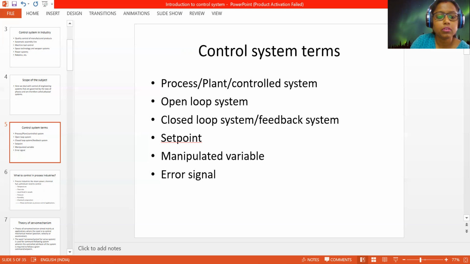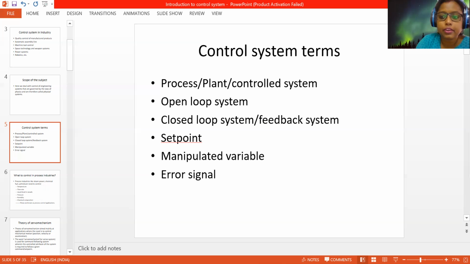This set point, when compared to the measured value directly from the process, has to be given to a block which is known as the controller. The difference between the set point and the measured value is known as error. So this error has to be fed as an input to the controller.